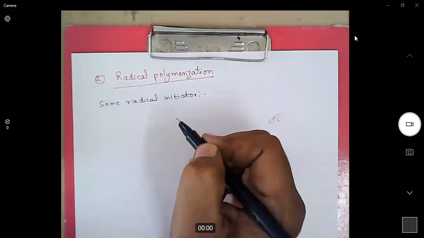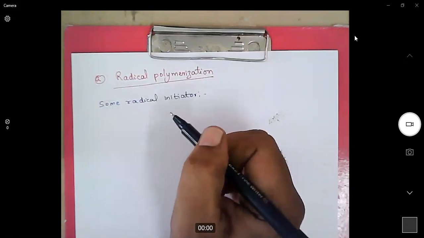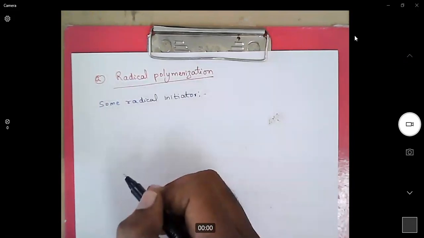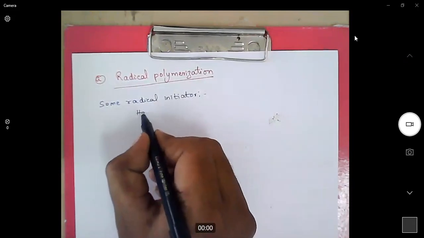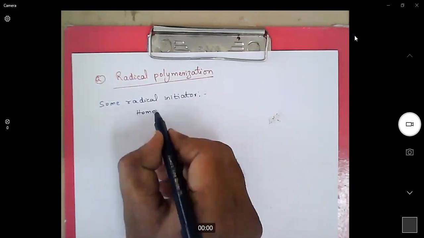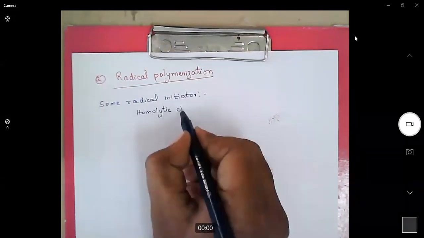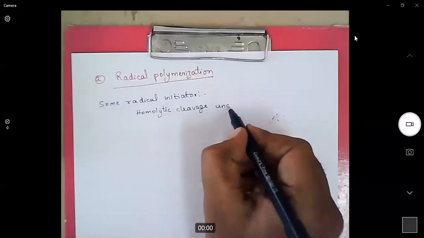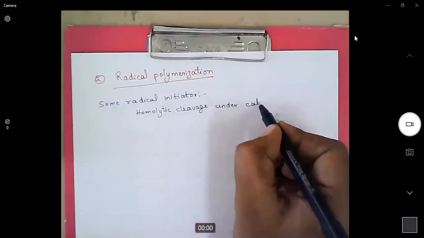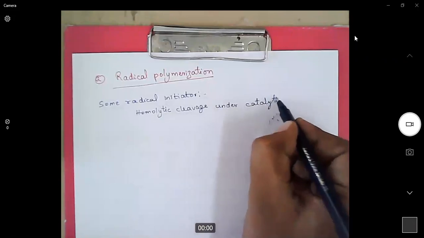These initiators are used as the source of radicals in an organic reaction. Generally, homolytic cleavage under catalytic conditions will generate a radical.